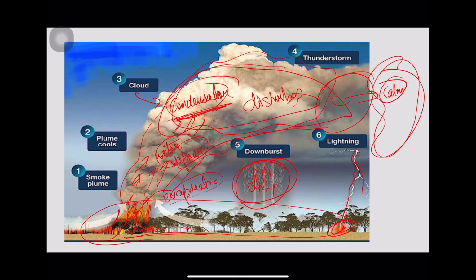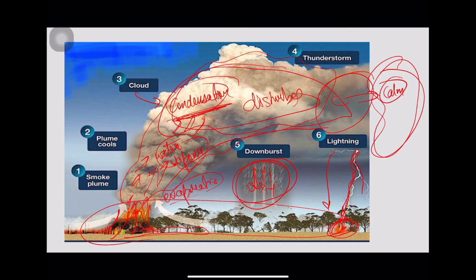At some places they may be responsible for precipitation, but at other places they may be responsible for lightning, and that lightning is causing further fire in those areas. Because in Australia, what is the season these days? Summer is the season. So the temperature is already high, and because of high temperature and this lightning, it is creating further fire for themselves.